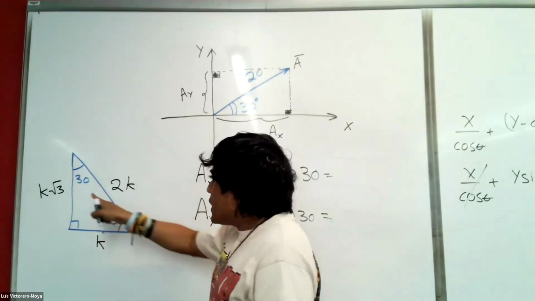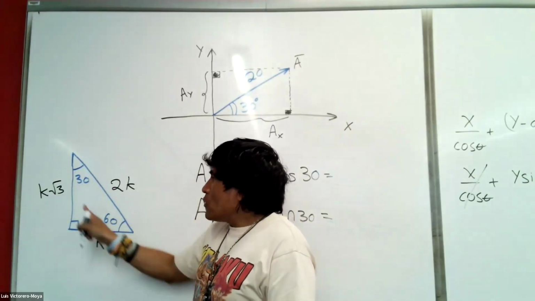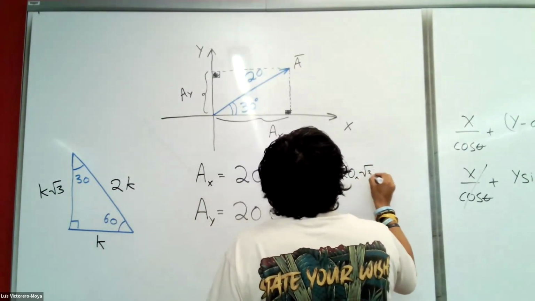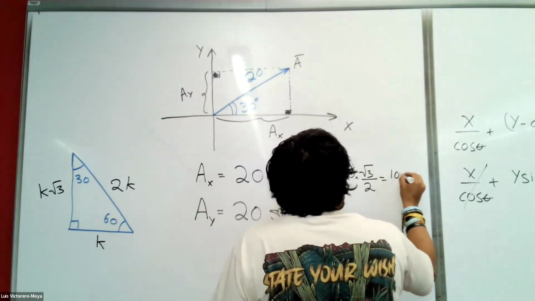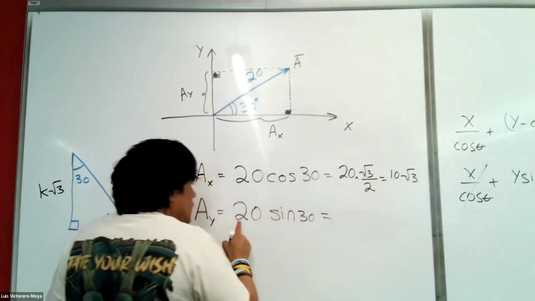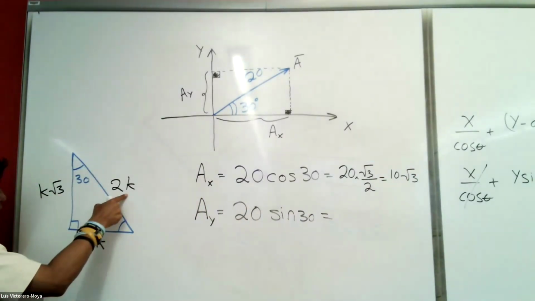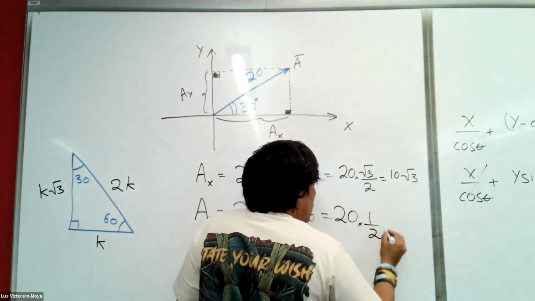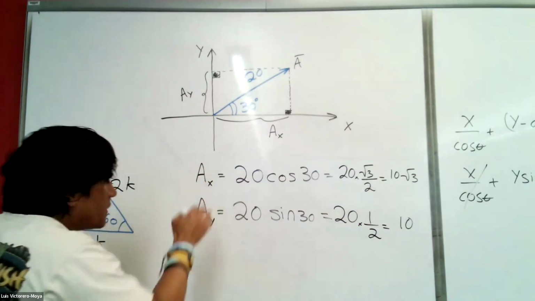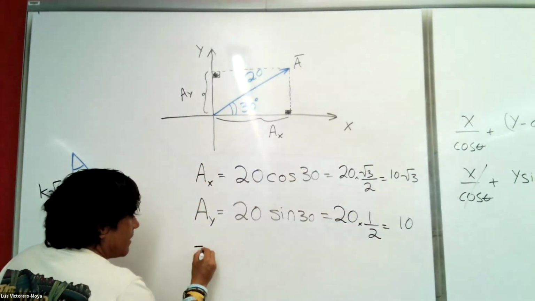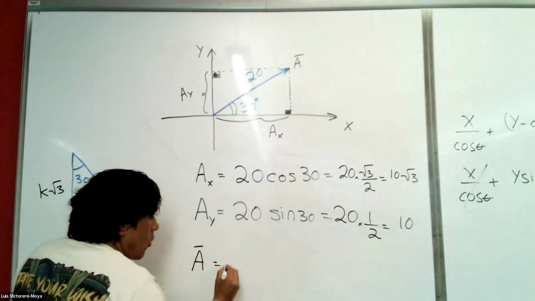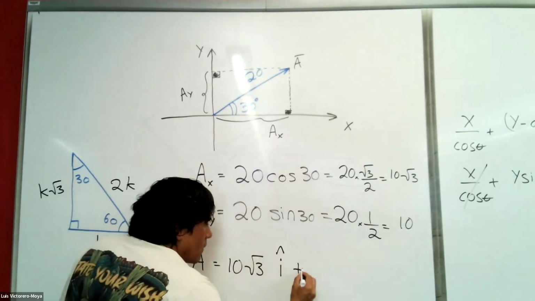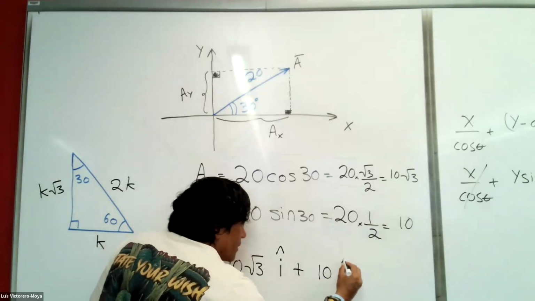So cosine 30 is adjacent over hypotenuse, so root 3 divided by 2. So 20 times root 3 divided by 2, that's 10 root 3. And sine 30 is opposite over hypotenuse, 1 over 2, that's 20 multiplied by 1 over 2, that's 10. So we have X and Y. So you can say that vector A is the X component, 10 root 3 in the i direction plus 10 in the j direction.